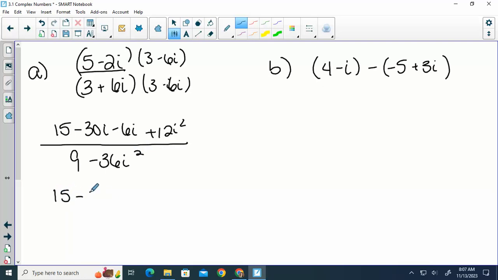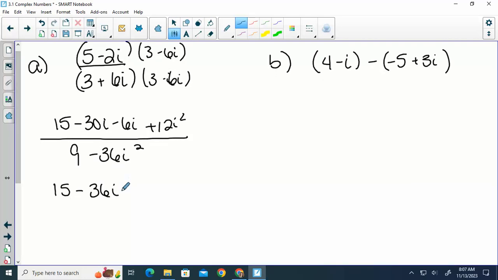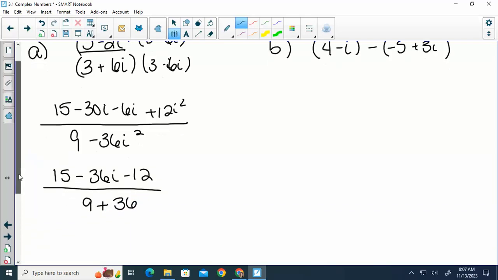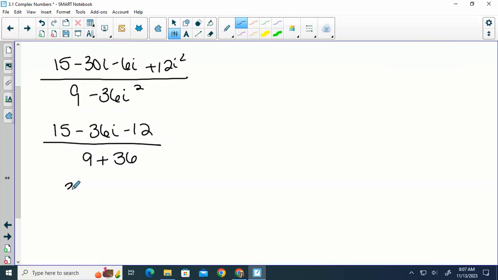So that's 15 minus 36i. What does 12i squared turn into? On the bottom, negative 36i squared is positive 36. So that gives me 3 minus 36i over 45.